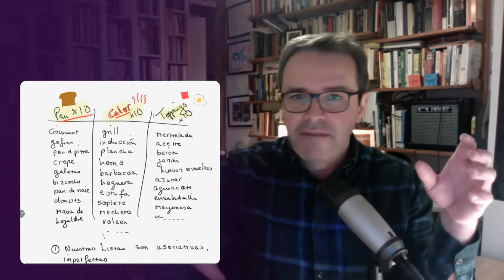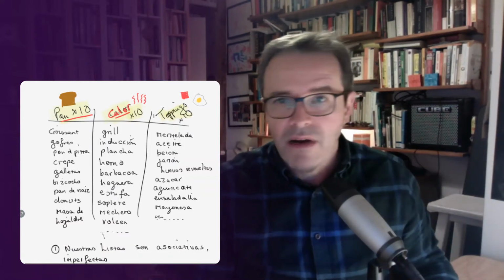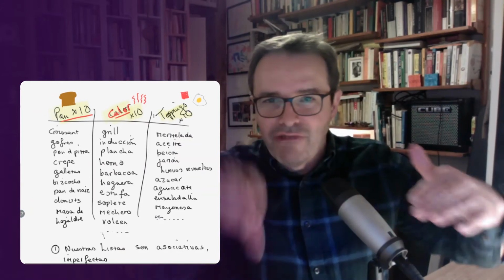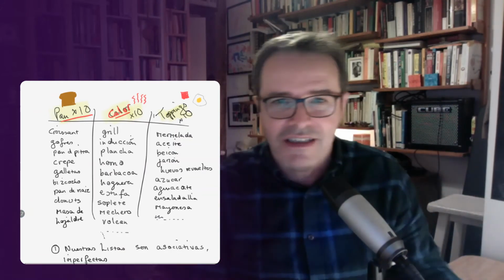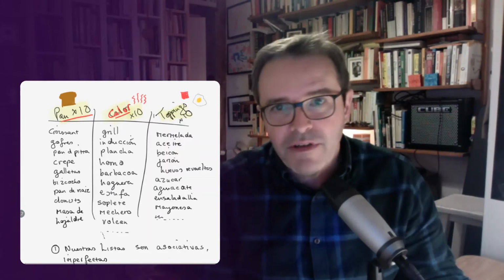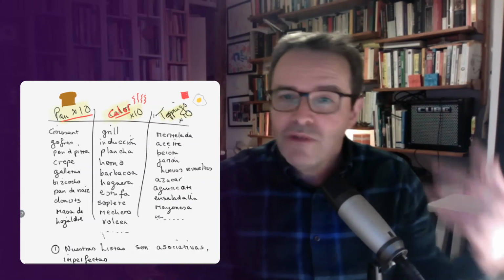Your lists are imperfect. We could create toasts here by just making random toast connections, but it doesn't necessarily mean that they would be acceptable pieces of toast for the toast consumers, but they would be creative.